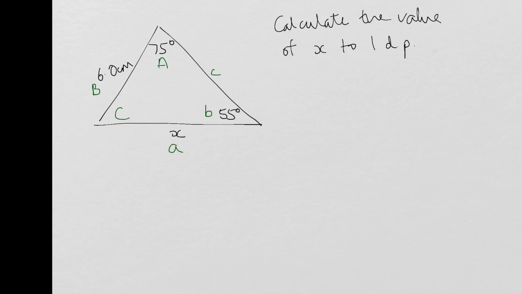Okay, so I'm going to go through the example and hopefully you got it correct. I've labelled up my sides a, b, c as follows. I'm going to ignore c because that's not giving me any information, and that means that I'm going to be working with just a and b. So I'm going to write a over sine of A is equal to b over sine of B. I chose a to be the missing side because then I know that I could just write x on the left hand side.